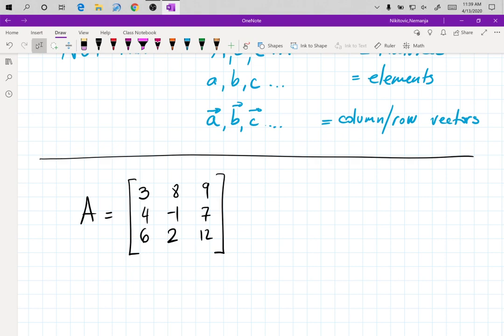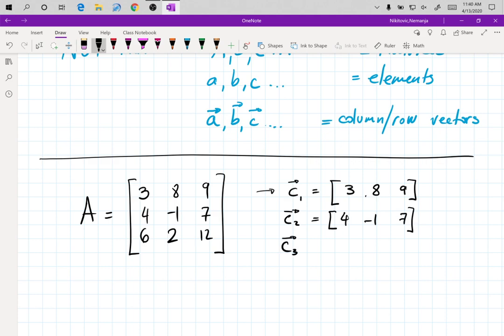And completely dissect this into, let's say, vector C1, which would be 3, 8, and 9. Vector C2, which is 4, -1, 7.